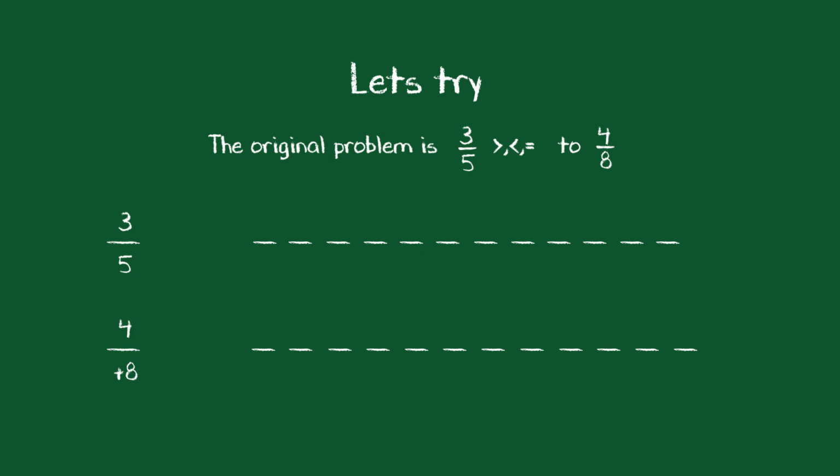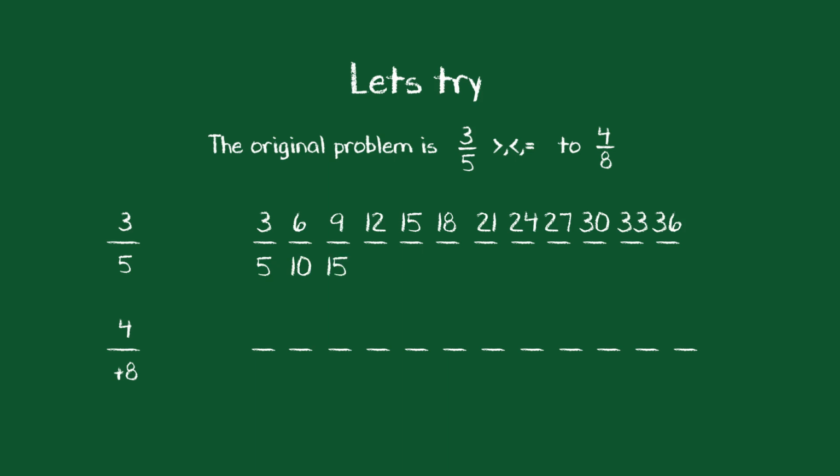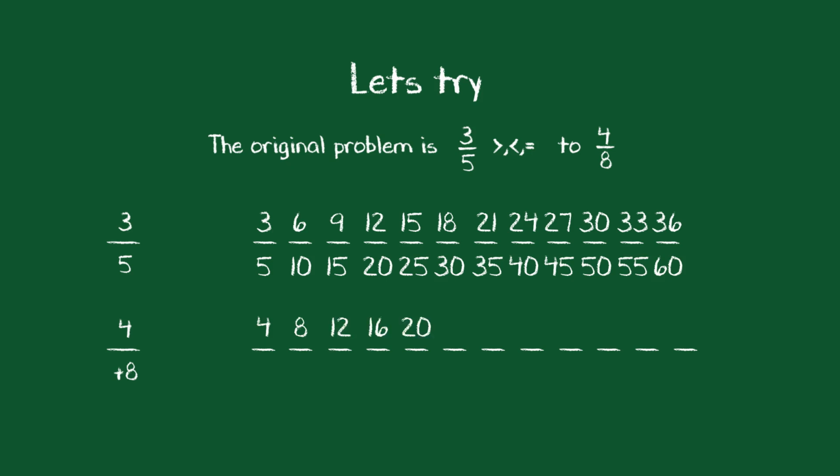3/5 equals, now let's build our equivalent sets. 3, 6, 9, 12, 15, 18, 21, 24, 27, 30, 33, 36. 5, 10, 15, 20, 25, 30, 35, 40, 45, 50, 55, 60. 4, 8, 12, 16, 20, 24, 28, 32, 36, 40, 44, 48.